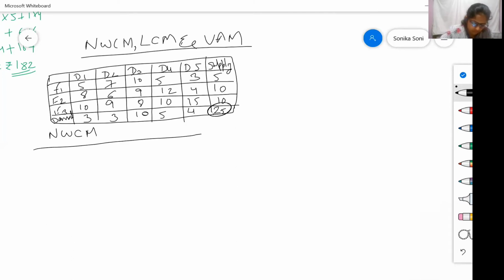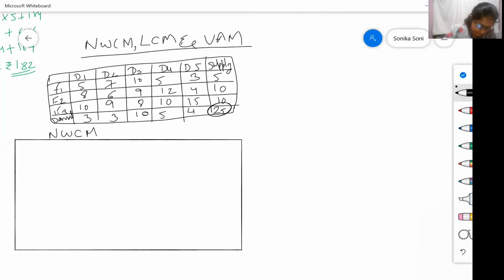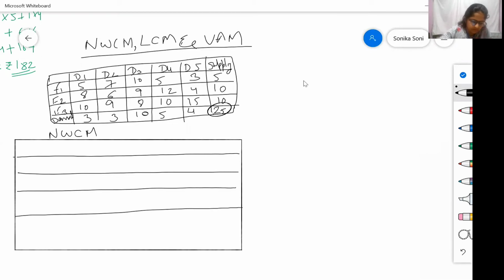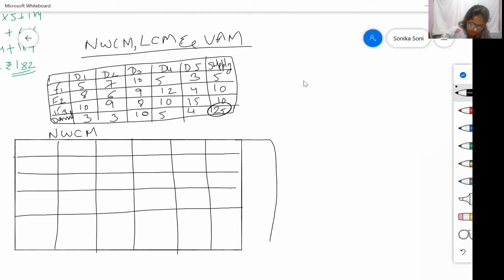NWCM. We have 5 rows and 7 columns. We have supply here and destination here.